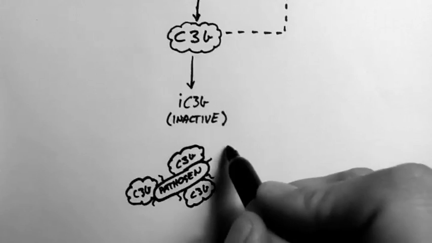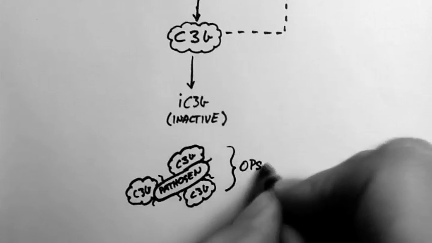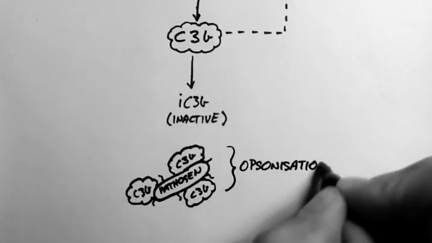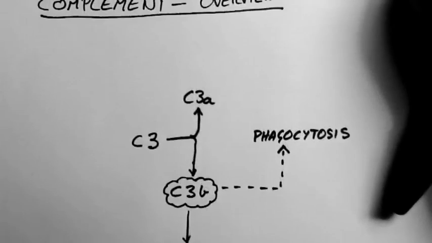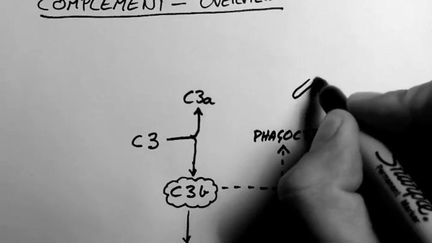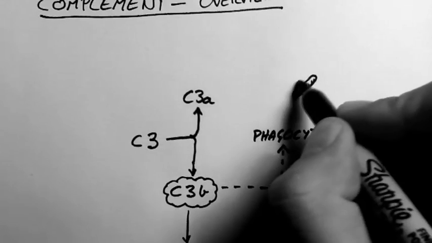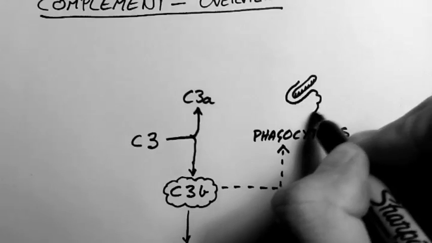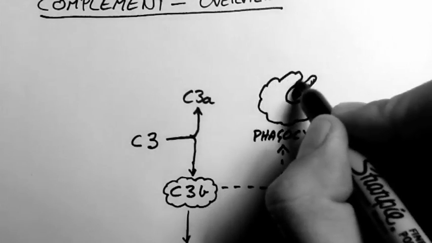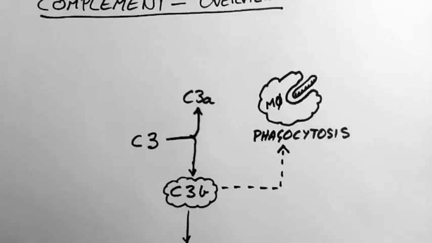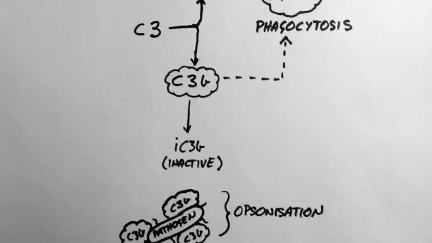And this is because C3b opsonizes the pathogen. Opsonization is just the process of making things more appealing to phagocytes. So here's a macrophage that might phagocytose the pathogen, having been opsonized.